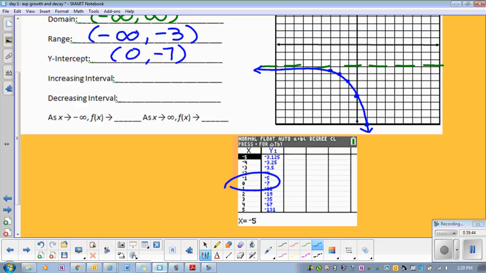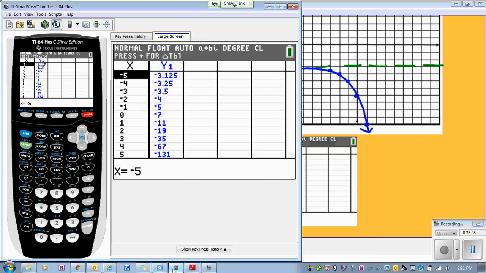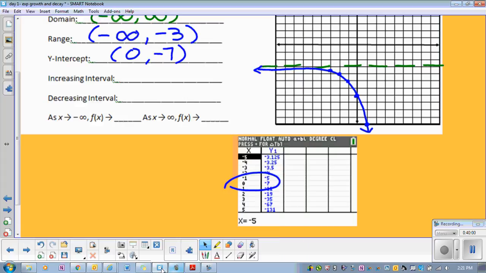Should be (0, -7). Okay. Right? (0, -7).